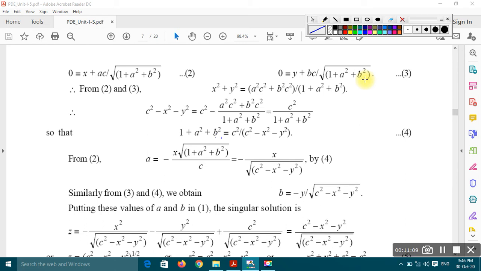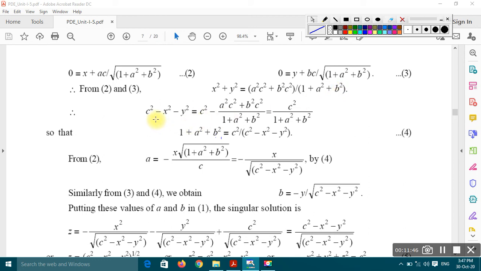Now we try to eliminate a and b with the help of equations 1, 2 and 3. So for this we use equations 2 and 3. We square equation 2 and square equation 3 and sum them. We get x square plus y square is equal to a square c square plus b square c square upon 1 plus a square plus b square.